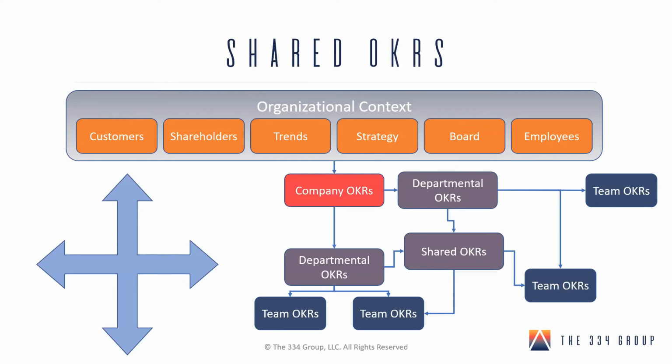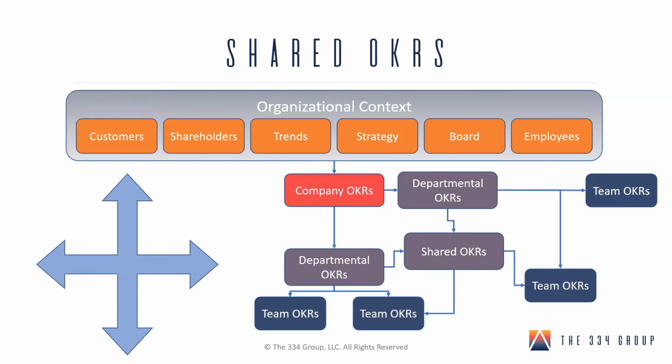In this model, OKRs still cascade down from the enterprise level. We also maintain the feedback loop going up, and we can still have an allocation between top down and bottom up. So those things remain the same. However, what we're doing here is we help to encourage transparency through shared OKRs.